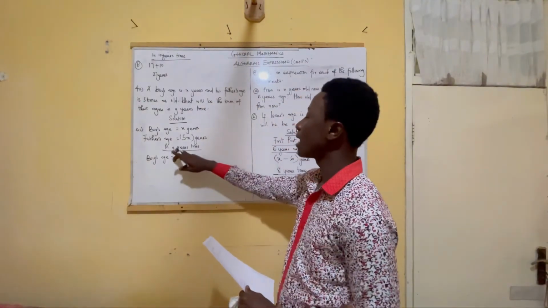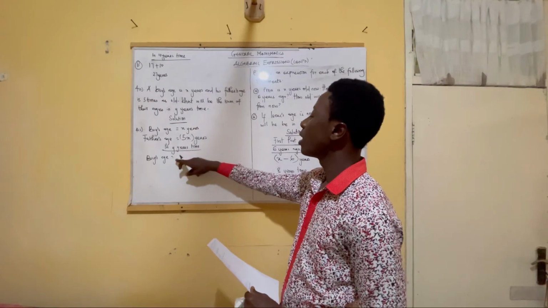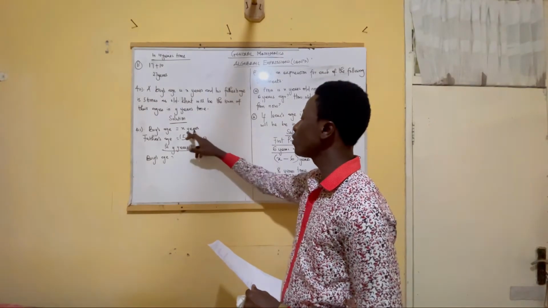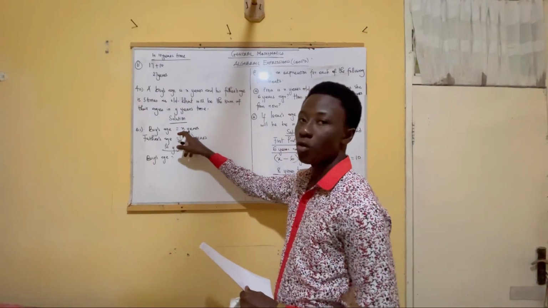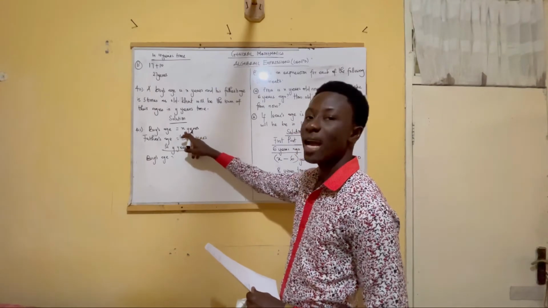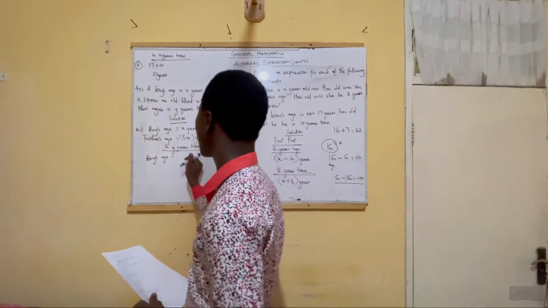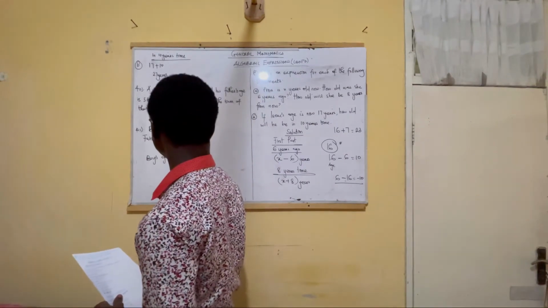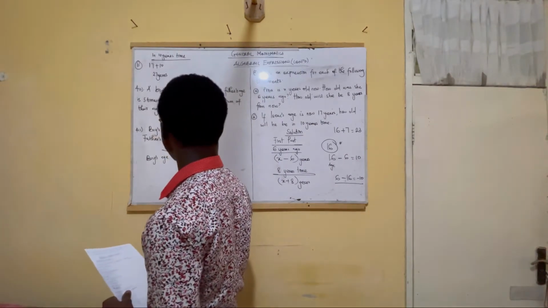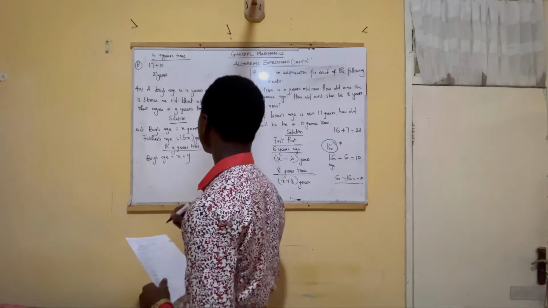This is just like saying what will be the boy's age in 3 years' time. If the boy's age is x, in 3 years' time his age is going to be x plus 3. Now, it's no more 3 but y, so it's x plus y. In 1 year's time, this is the boy's age.